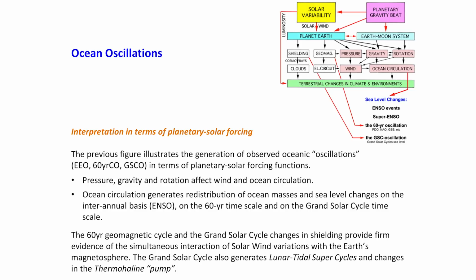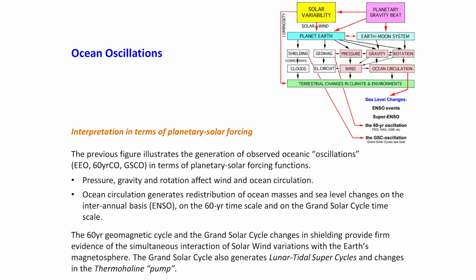Ocean oscillations. The previous figures illustrate the generation of oscillation: pressure, gravity, and rotation, ocean circulation. The 60-year cycle and ground solar changes in shielding provide firm evidence of the simultaneous interaction of solar wind with the Earth's magnetosphere.